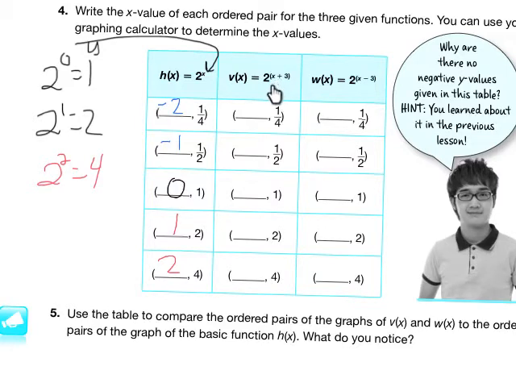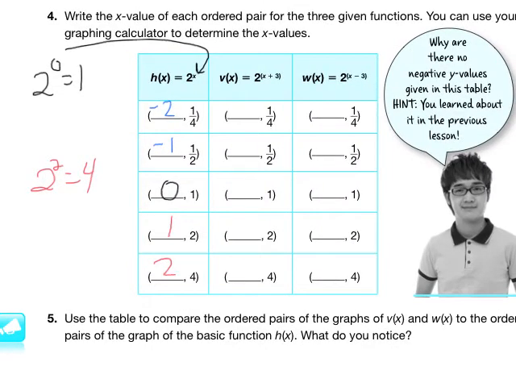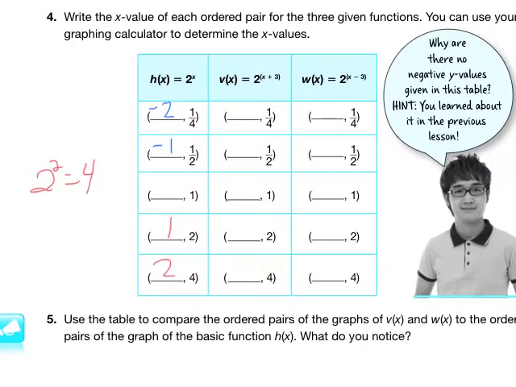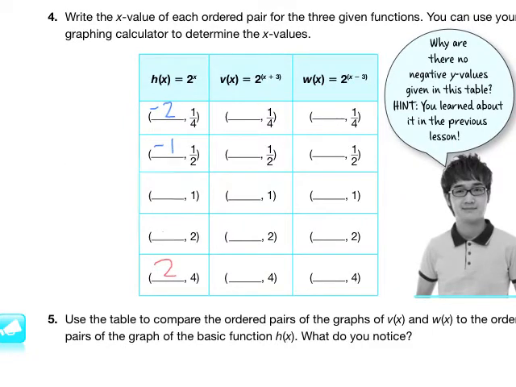Let me erase some stuff here to make some room. I erased some of my values, let me put them back. All right, so the function is 2 to the x plus 3, and then that'll give you your y.